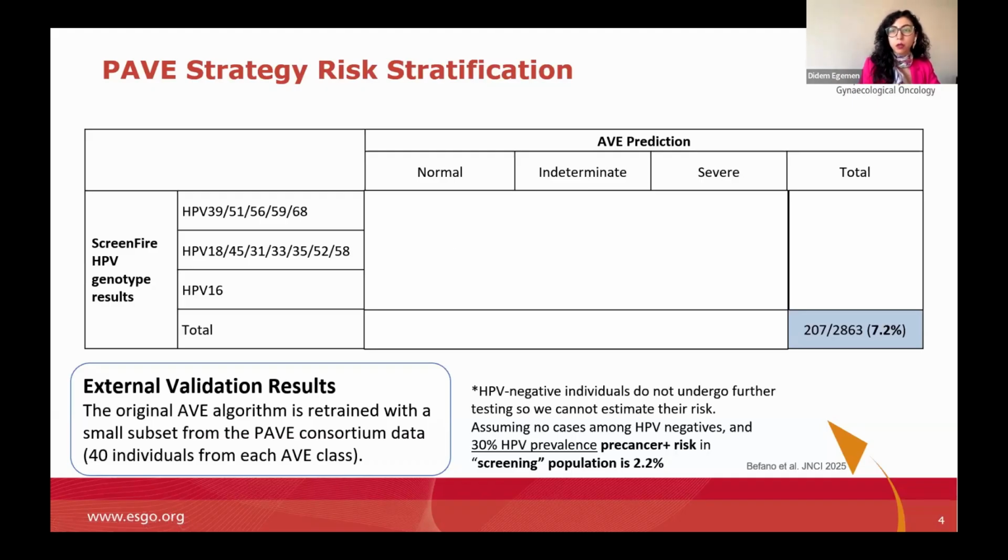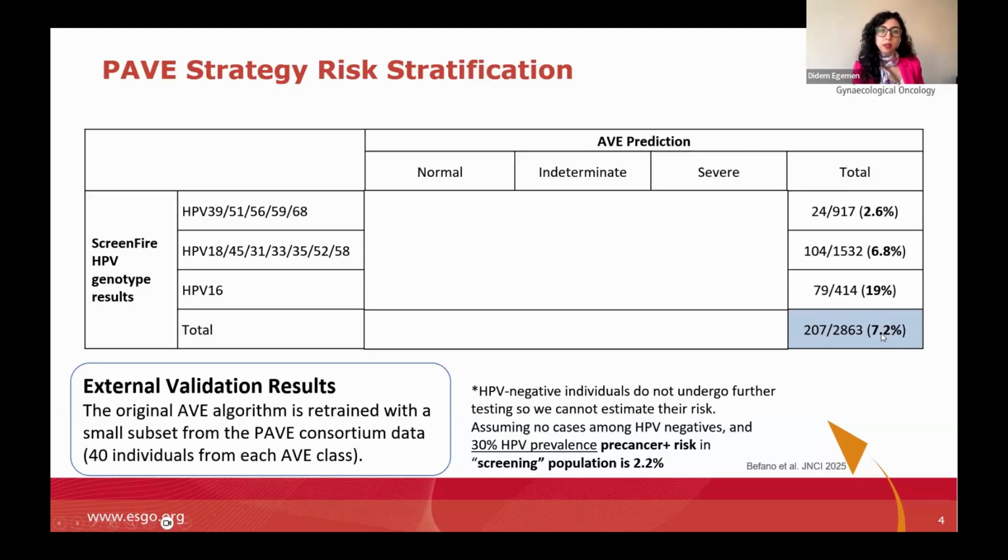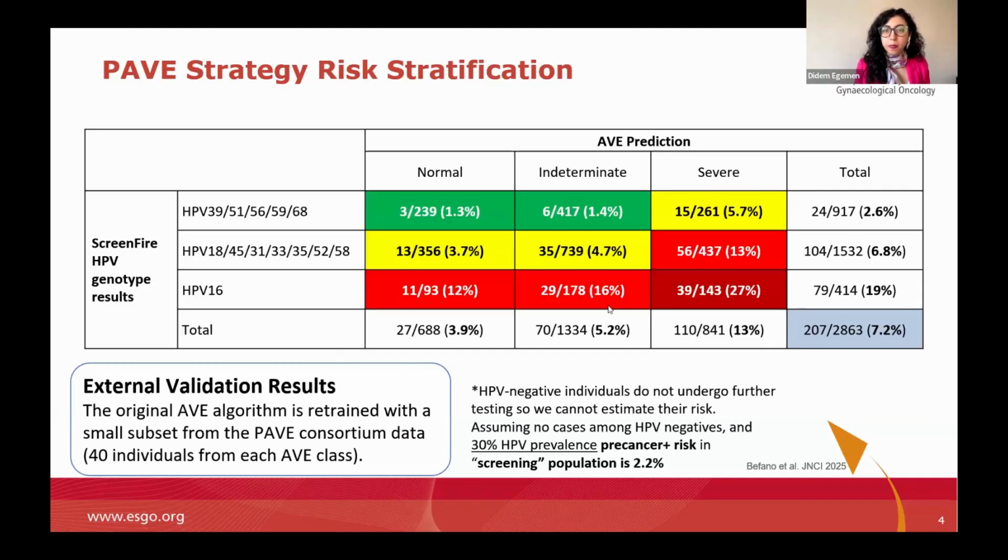These results are from the retrained algorithm. The 7.2% precancer risk in HPV positive can be stratified from 3% to 19% with the HPV test only. And with only the visual test, we can still stratify that 7% risk all the way from 5% to 13%. But the best risk stratification is obtained when we combine these two strategies.